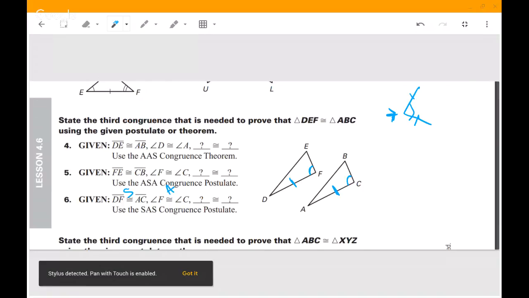So what side do we need to prove to have it look like that picture? Yep, that's exactly right. And the order on those does matter, so you do have them in the correct order. It is EF and BC. Does that make sense? Help make it clear now?